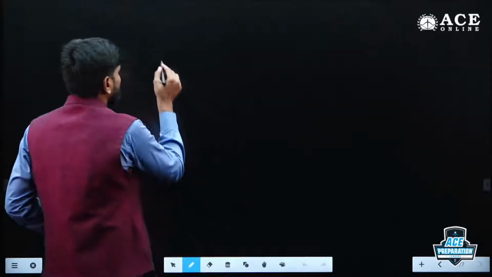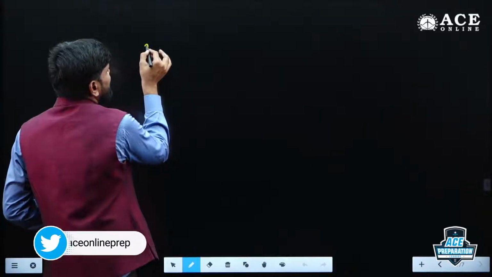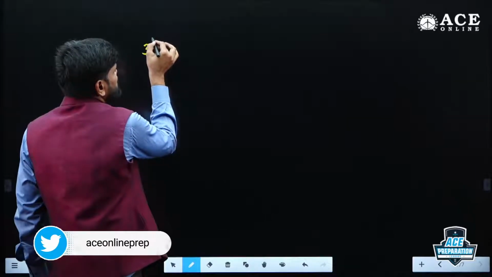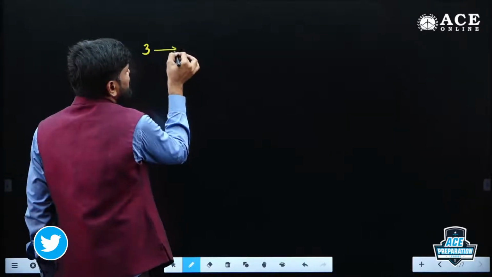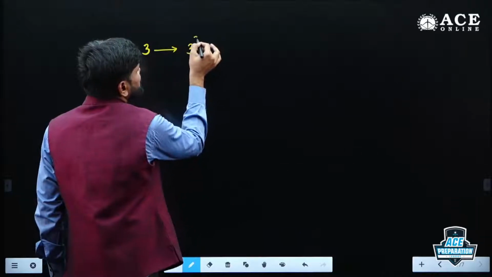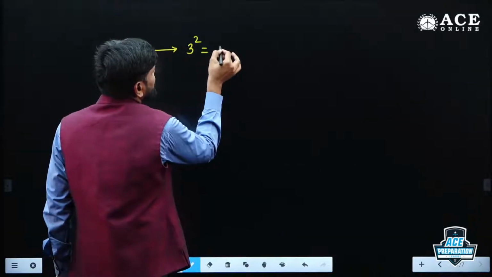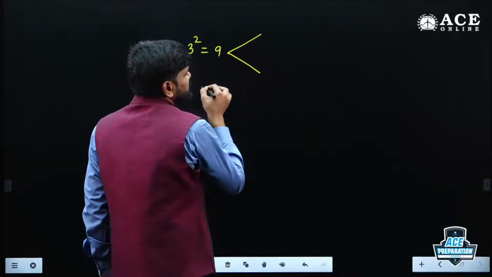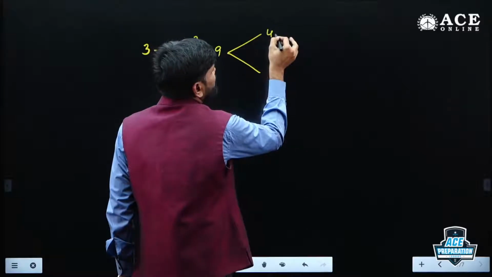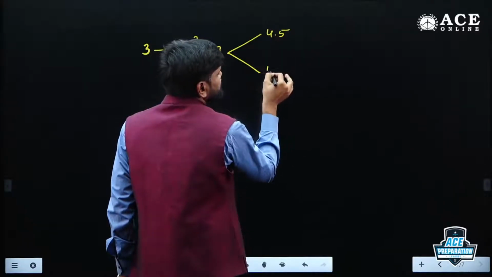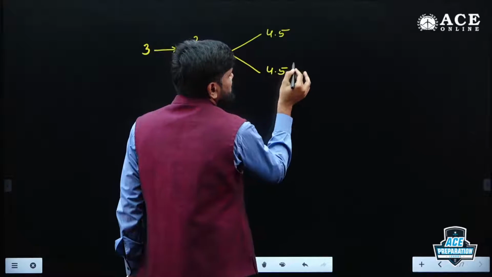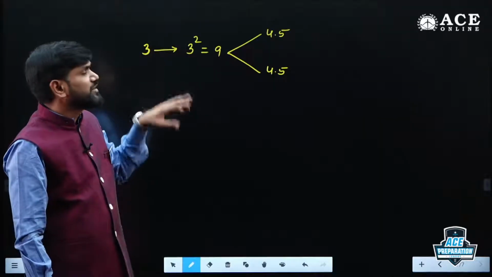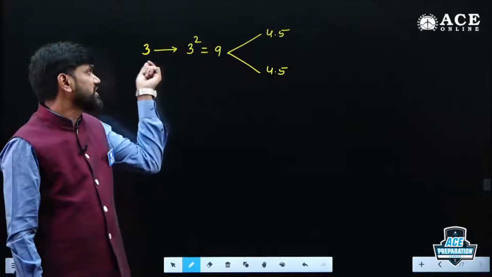So the property here is, you take any prime number leaving 2, you square it. Take 3. 3 square is how much? 9. You divide it by 2, that will give you what? 4.5 and 4.5. This set of numbers will form Pythagorean triplets starting with 3.